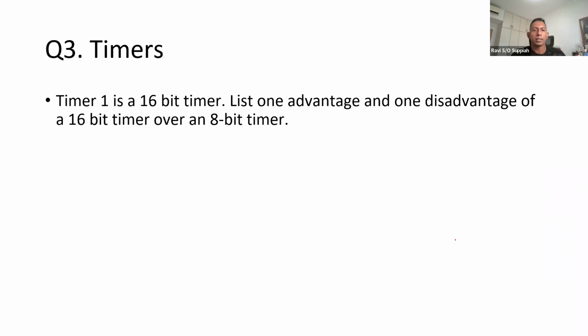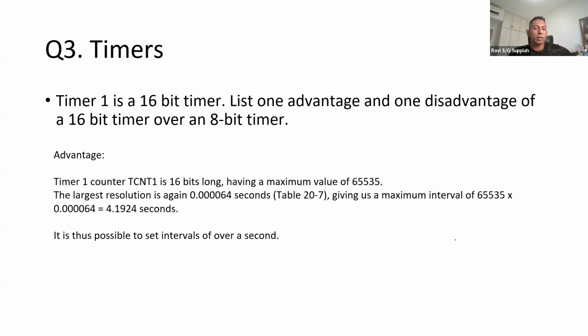Timer 1 is a 16-bit timer, as we have seen in the last studio. So what is the advantage? Timer 1 is 16-bit, which means you can go up to 65535. The resolution is the same, because the prescaler values are still the same.